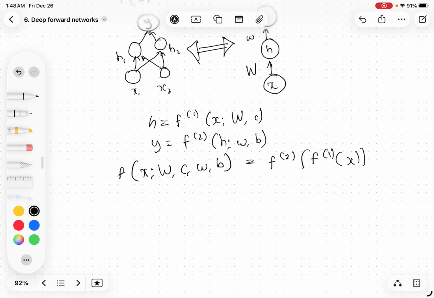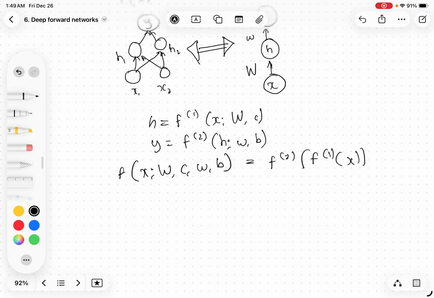Now, what function should f1 compute? Linear models have served us well so far, and it may be tempting to make f1 linear as well. But if f1 were linear, then the feedforward network as a whole would remain a linear function of the input.